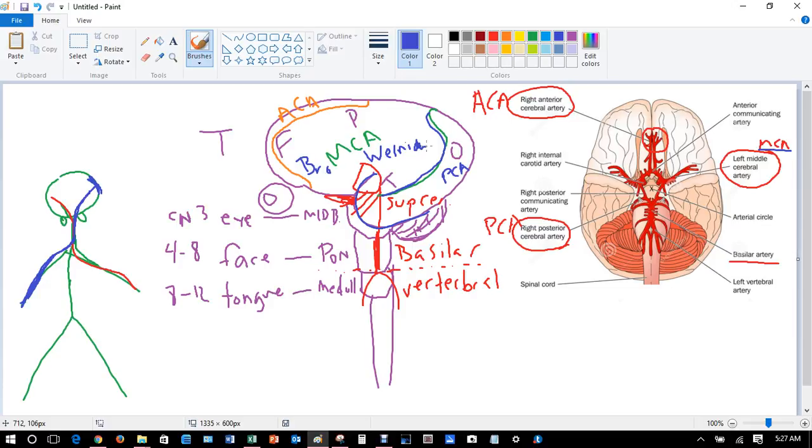So if you get those shot out, the person can't speak anymore. If a person has damage to the middle cerebral artery, they may lose function of these two important parts, Wernicke's area in the temporal lobe, and the part of the frontal lobe that is Broca's area. So I should make the distinction that Broca's is more in the frontal lobe, Wernicke's is more temporal.